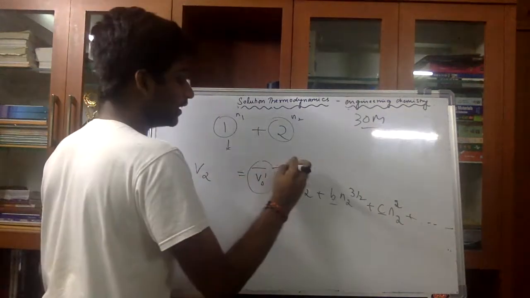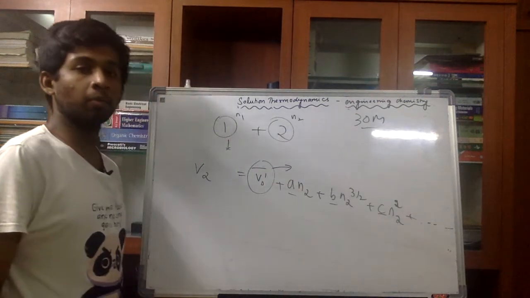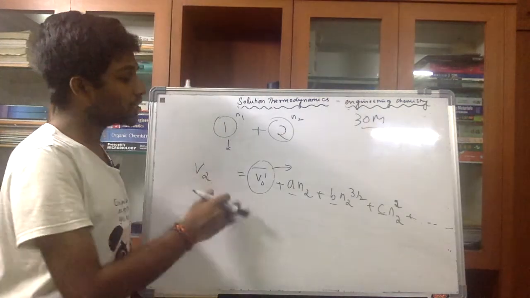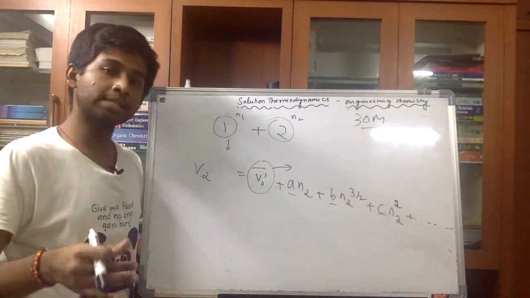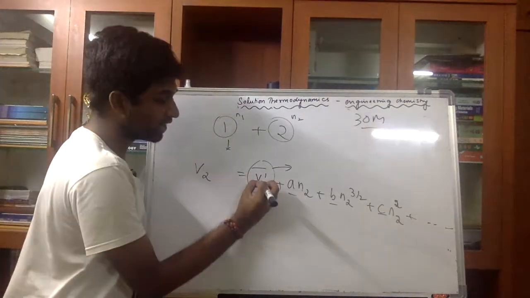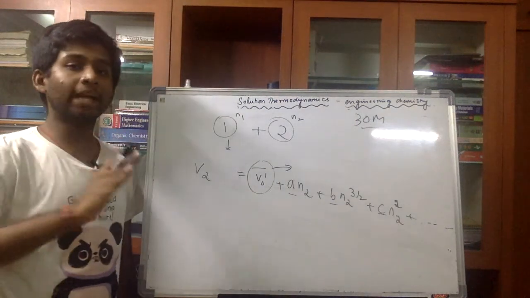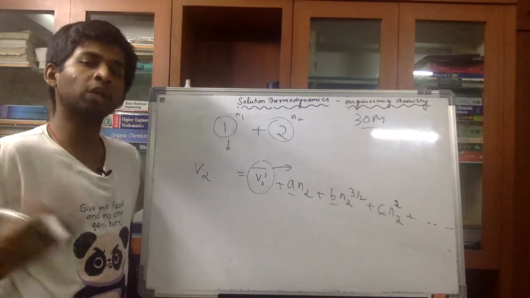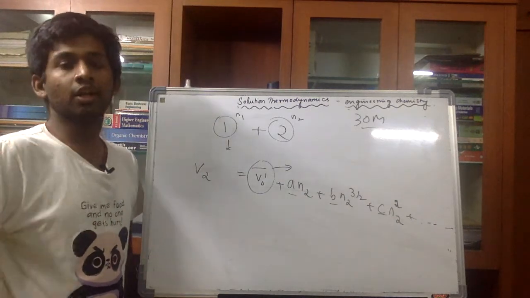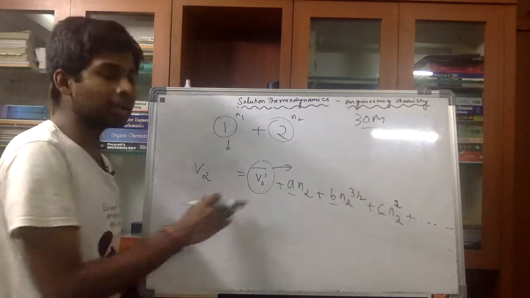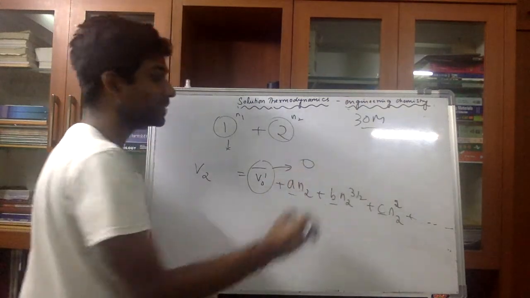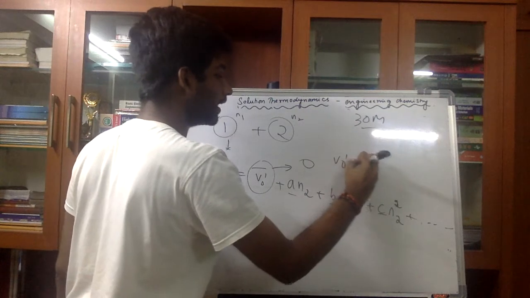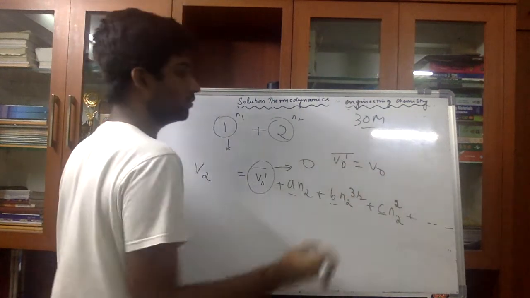Before that, this is supposed to be your partial molar volume under pure condition. The partial molar volume of the substance under pure condition is represented by the letter V01, and it does not cause any changes in the partial molar volume in the actual condition. This one becomes a constant and becomes 0 on differentiating. So I can write V01 bar as V01.